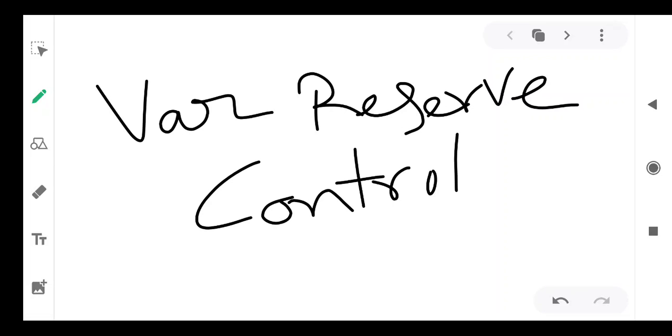So that is VAR reserve control, which will enhance the system control as well as resources. That is also important. Coordination control is also most important.